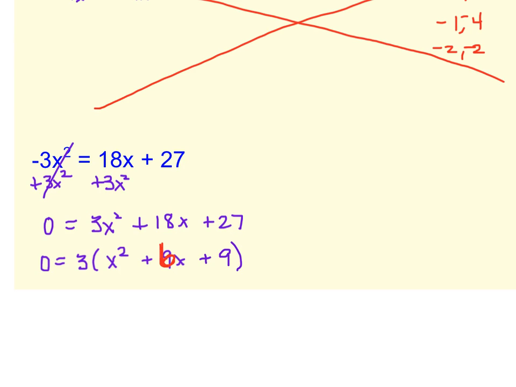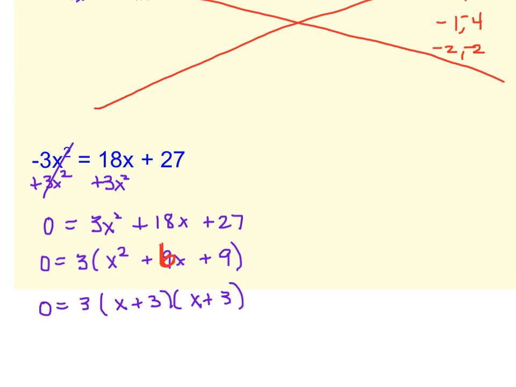All right, so now we can factor our trinomial on the inside. Because we factored the 3 out, it gave us something easier to factor. So factors of 9 that add up to 6, and hopefully we're getting a 3 and a 3. So x plus 3, x plus 3. That 3 is out front and it is still equal to 0.